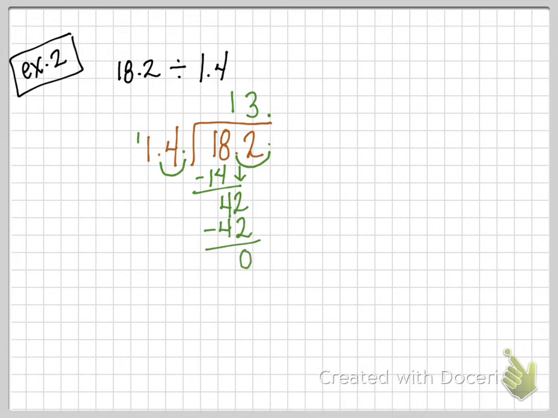That's great. Am I done? Yes, so my answer is what? 13, a whole number 13. You can put the decimal point at the end, but you do not have to because it's saying the same thing. All whole numbers have an imaginary decimal at the end. Okay? All right.